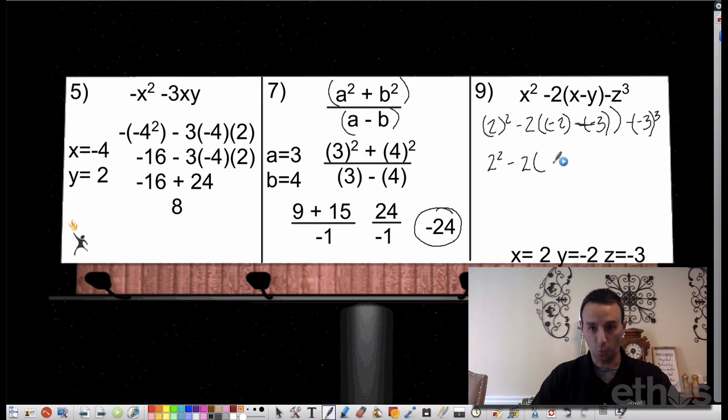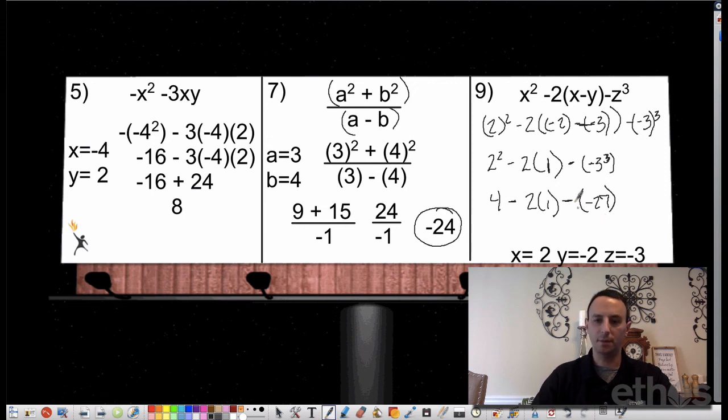So this actually just turns into 1 minus negative 3 cubed. So remember, when you type these into your calculator, it's important you type it in the set of parentheses. So this becomes 4 minus 2 times 1 minus, and this happens to be negative 27. Negative 3 times negative 3 is positive 9. Negative 3 times 9 is negative 27.